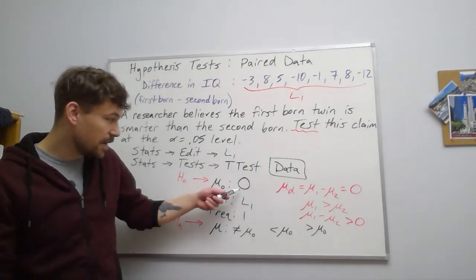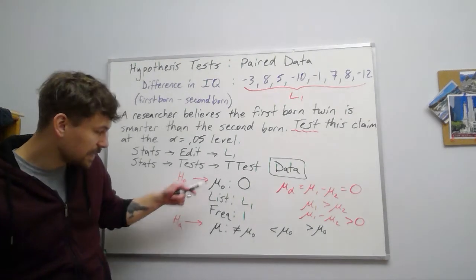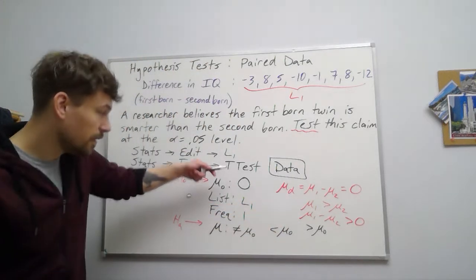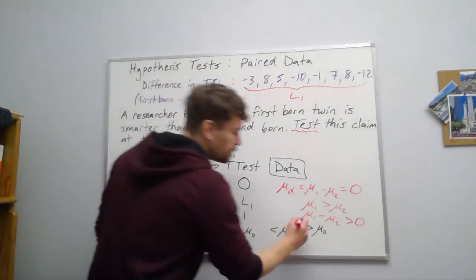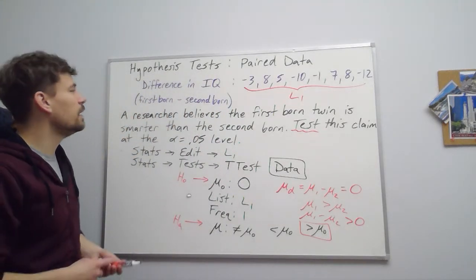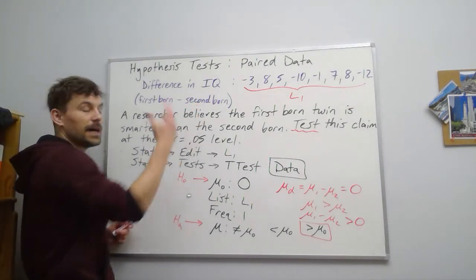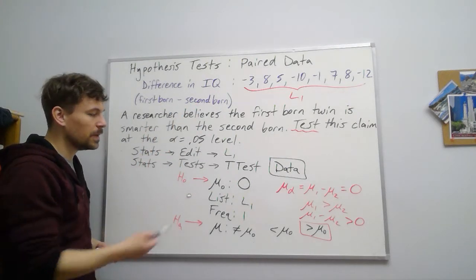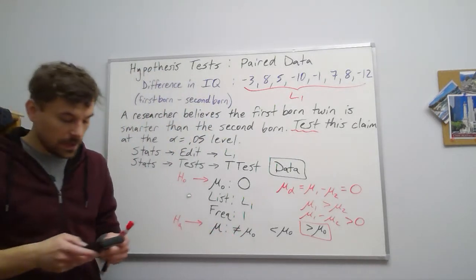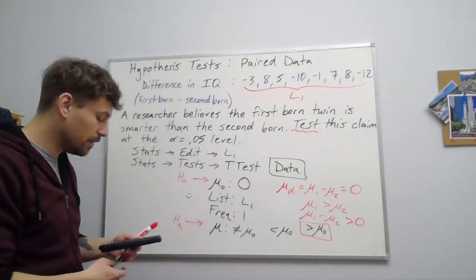So it's greater than what we said up here. We think that mu for the difference is greater than 0. We think that mu1 is greater than mu2, or that the difference, first minus second, on average, is greater than 0. So we can select that, and if we have all of those pieces, we can go calculate. So let's calculate that.